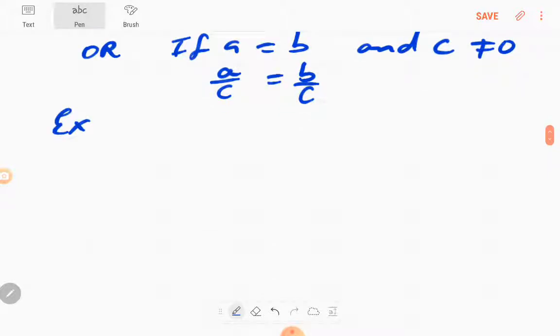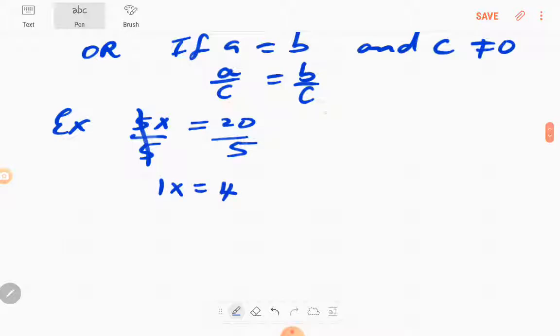So for example, if I had, say I had a 5x equal to 20, then I could divide both sides by 5. That reduces this to 1x, and so we have x equal to 4.